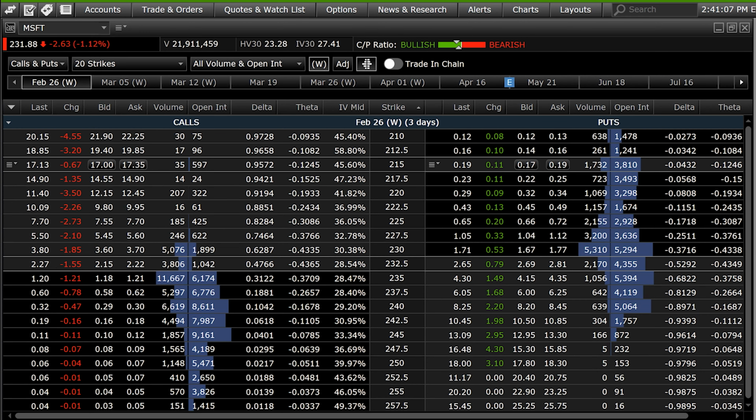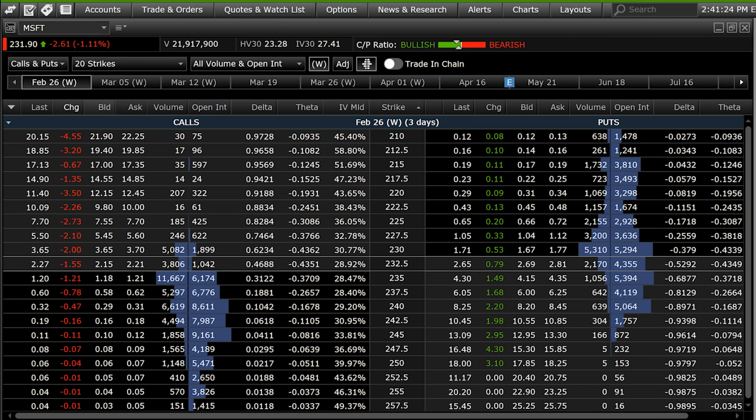So here's the option chain, and in this example, we have the February 26th weekly, and these calls and puts expire in 3 days. We're going to focus on the call side for this example.